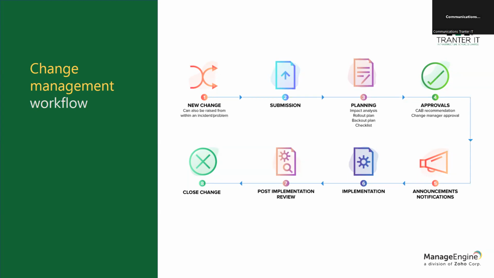But if this change is successful, how do you intend on going live with it after your UAT? Then approvals, where you have the CAB, your change advisory board. The application has this option for all your CAB members to be under one umbrella, and whenever a change is raised, they all receive a notification to approve and drop their comments individually.